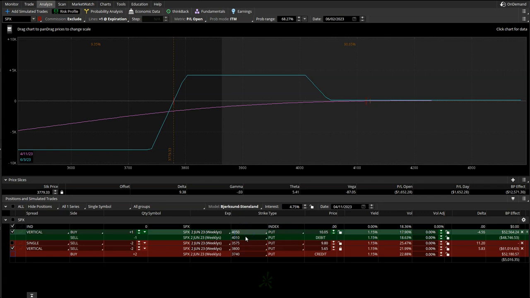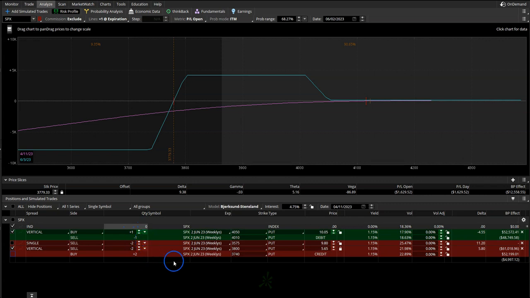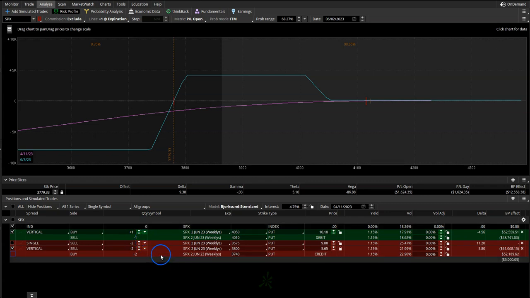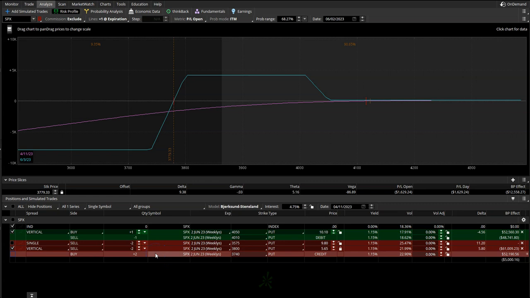So we have a 40-point wide debit spread and a 60-point wide credit spread. The difference is 20 points, or $2,000. Now we have 2 put credit spreads, right, with 1 put debit spread. That means we have a max potential loss of $4,000.